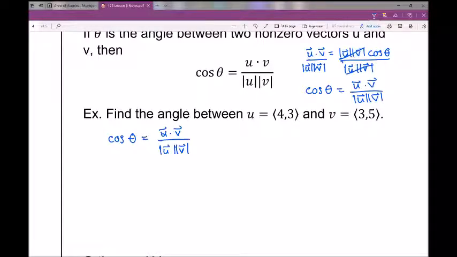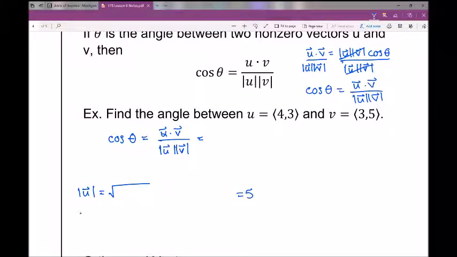What I like to do is go ahead and find the magnitudes off to the side so it leaves your formula a little cleaner. The magnitude of u will be the square root of 4 squared plus 3 squared, which is the square root of 16 plus 9, which is the square root of 25, which is 5.